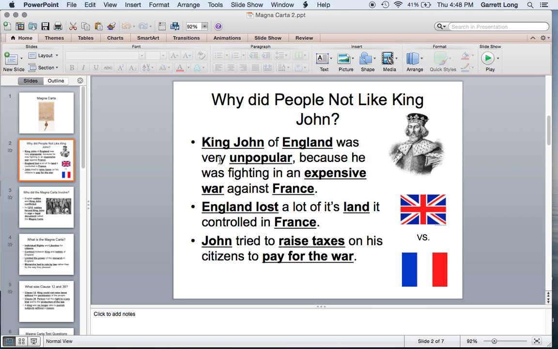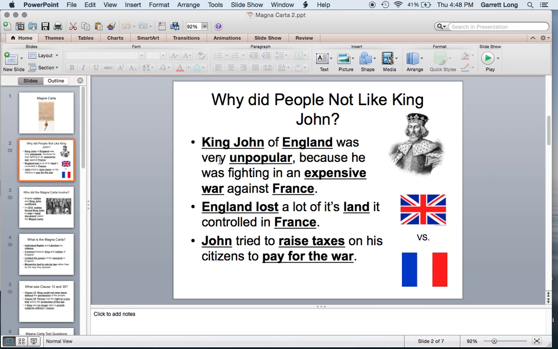Not only were they losing the war, but they were also losing a lot of land that England controlled in France. So in order to raise more money to continue to fight in this war against France, King John of England tried to raise taxes on his citizens. And of course, the people that he was trying to raise taxes on were the rich noble barons.